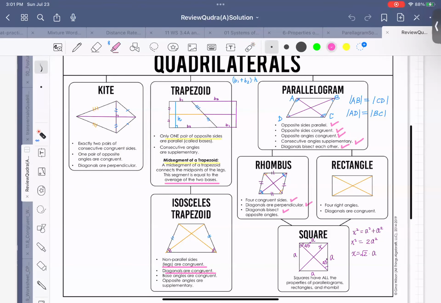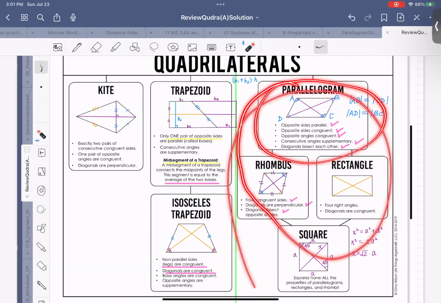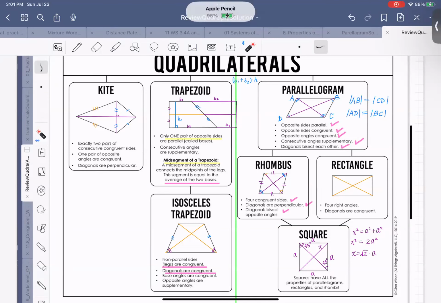In today's class, we can focus on getting the parallelogram column first. Draw the parallelogram.